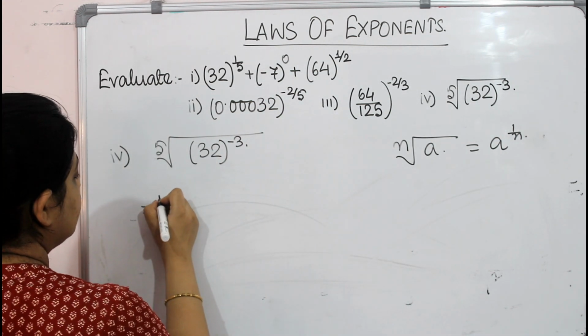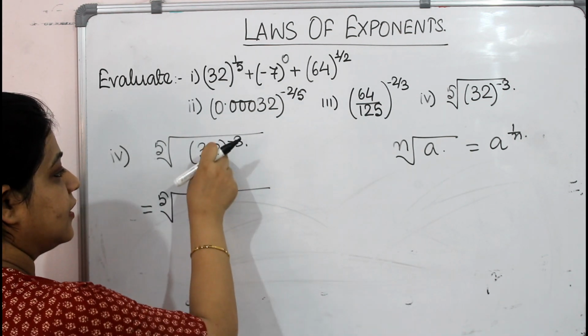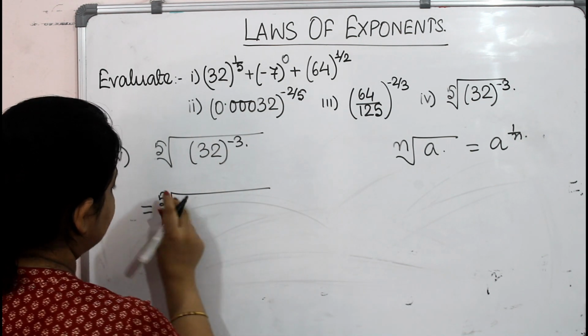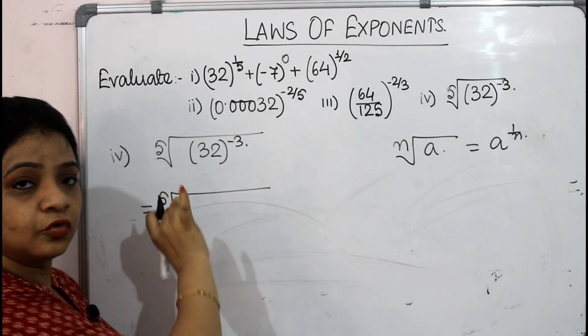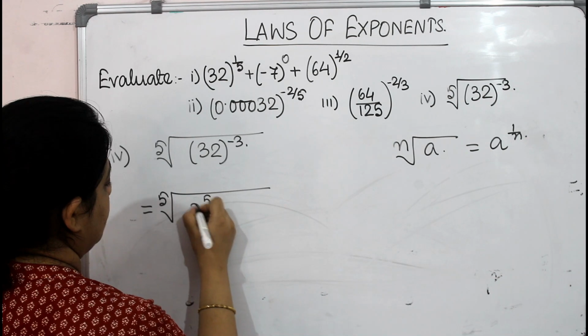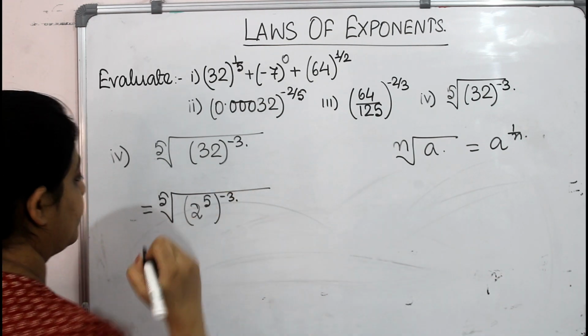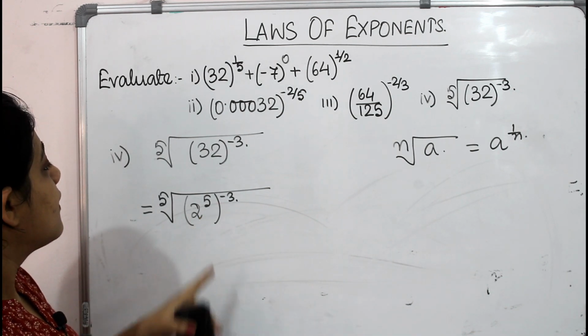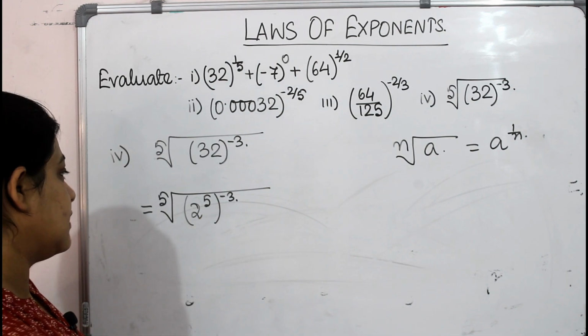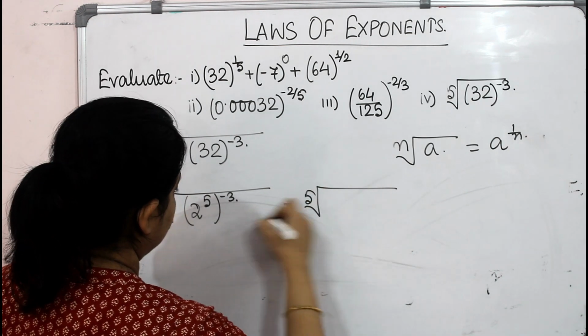Okay, so let's write 32 as 2 to the power of 5, keeping the nth root or fifth root as it is. We will write 2 to the power of 5 minus 3. So 2 to the power of 5 into minus 3, that is, this is 5 cube, fifth root.